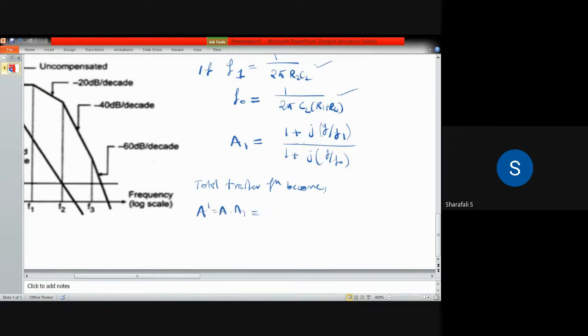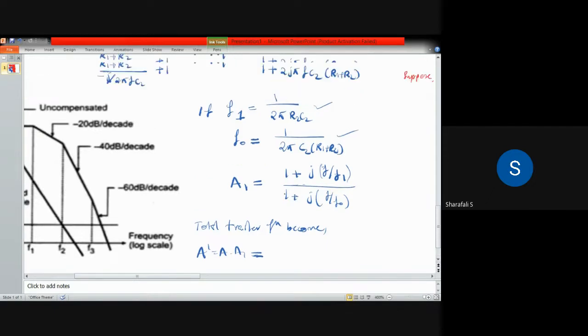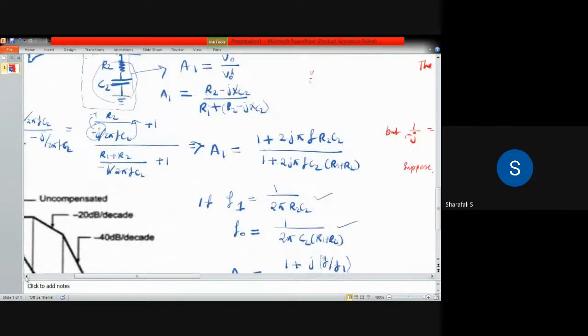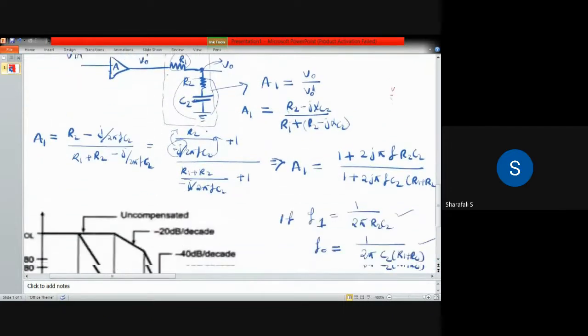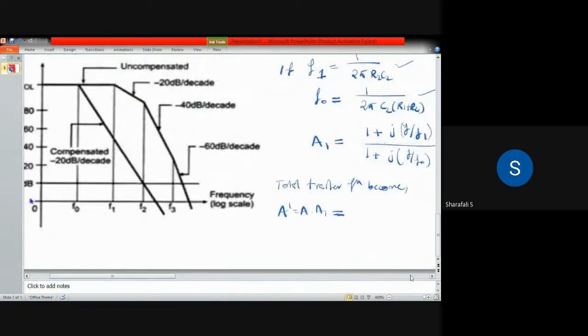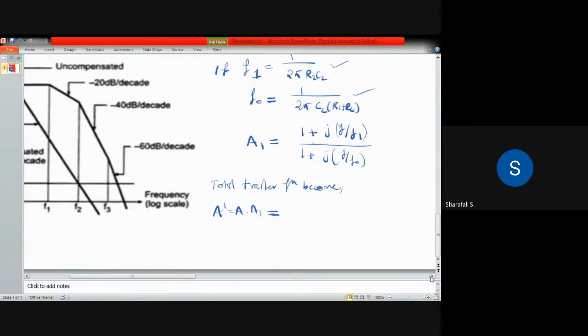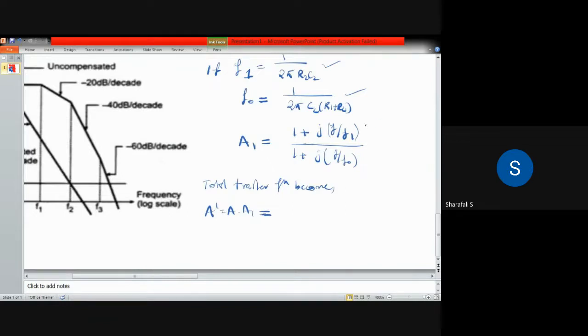So in the numerator we have initially A0L, and in addition to that we have one more numerator term from this compensation, A1. So multiplying that, A0L into this term also will come: 1 plus j into f by f1.